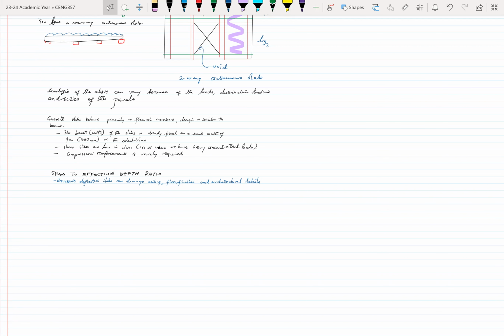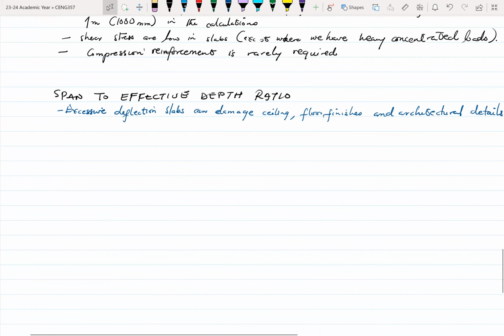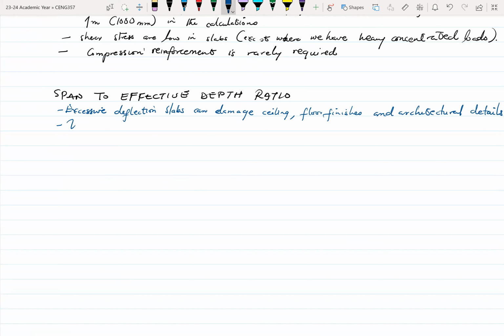So to avoid all of these, we provide a limit on the span to effective depth ratio, so that we don't exceed certain limits on this structure.